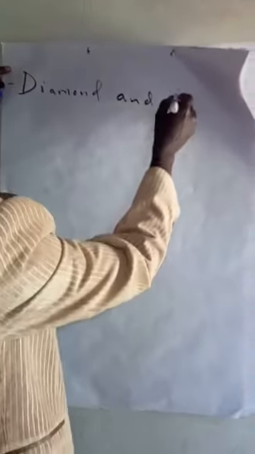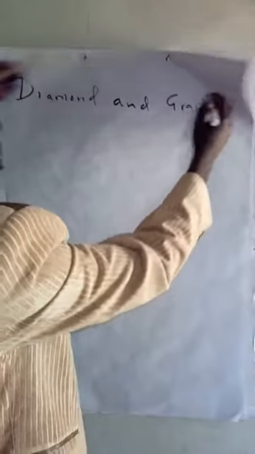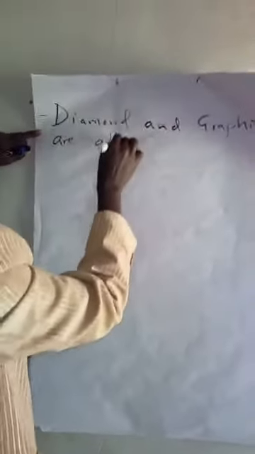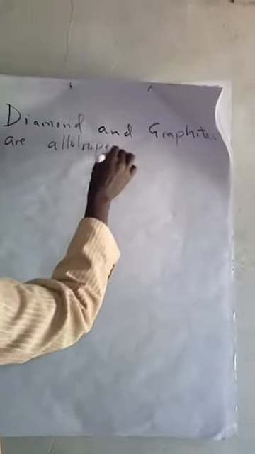So we can say diamond and graphite are allotropes of carbon.